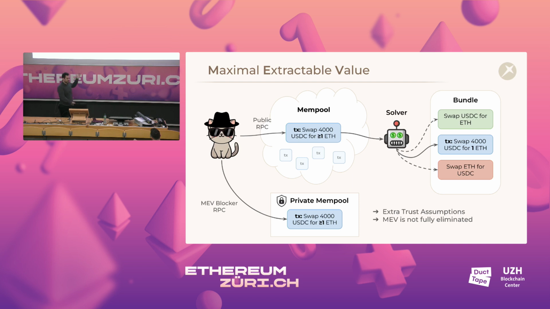We know that this private mempool and RPC have to be trusted. So centralization is a problem, and trust assumptions are also very important. And in the case of MEV Blocker, MEV is not fully eliminated. If there is any possible way of backrunning the transactions that are going through this mempool, they will do it, and they will give you back 90% of the revenue, and they will keep 10% for themselves. So we kind of solved it, but it's not fully there yet.